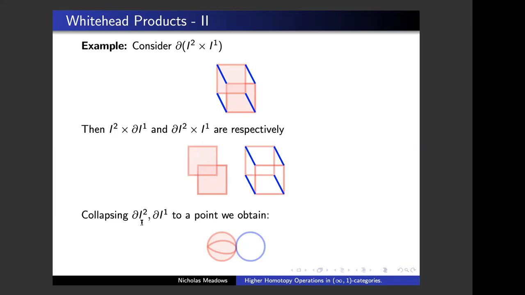If we collapse the boundary of I² to a point, then in the first picture we get just a two-sphere, and if we collapse the boundary of I² in the second picture to a point, we just get a loop. So the pinch map in this case is the lowest dimensional idea of what the collapse map looks like. It's a map from the boundary of that cube to the union of S² and the loop.